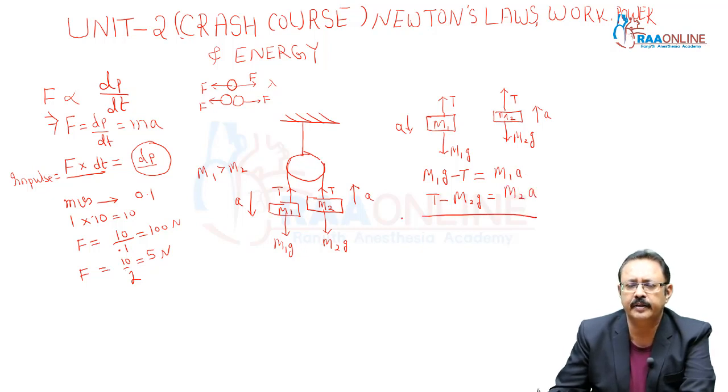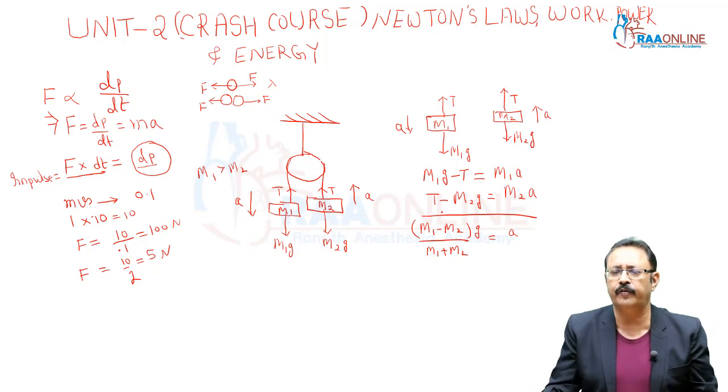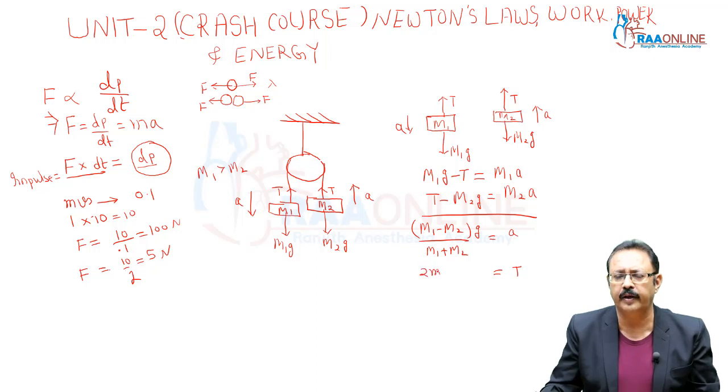Add these two equations and you will get the acceleration a equals (m1 minus m2) into g upon (m1 plus m2). If you put the value of a in any one equation, you will get tension T equals 2m1m2g upon (m1 plus m2).